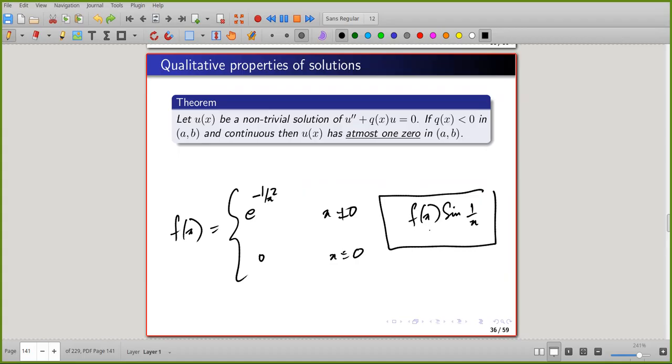My guess is that this will be a smooth function, but at 0 it's going to oscillate like this.